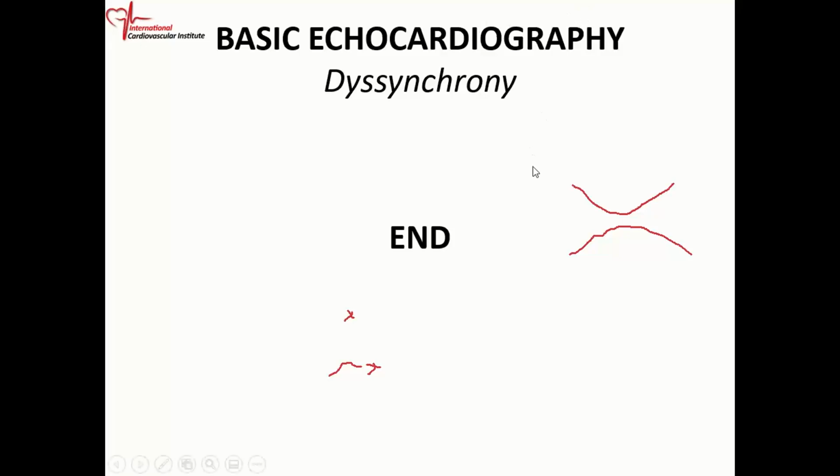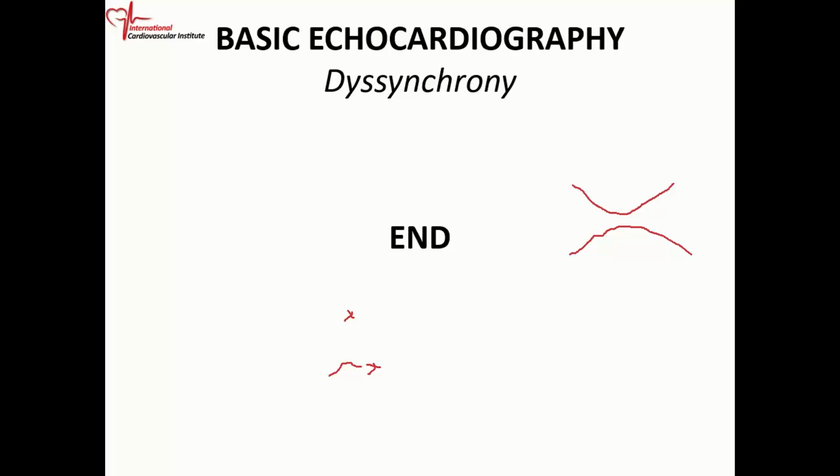In essence, you have to be aware that you can use echo to help with synchronizing contraction in the heart. Echo is a very good tool to look at the heart and say that you have dyssynchrony.